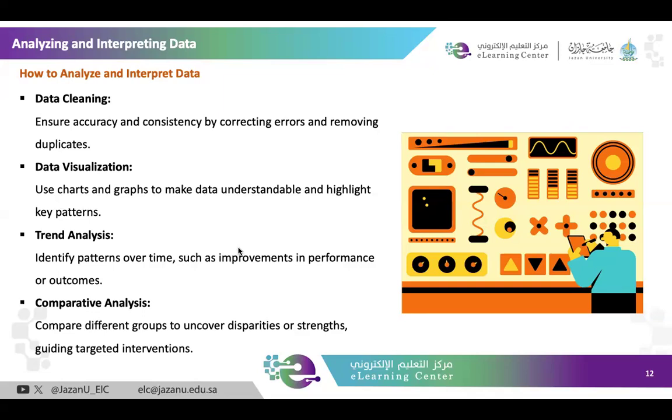If you compare the test scores between male and female students or between different schools, you might find significant differences that suggest certain groups require more support or that specific schools have best practices worth emulating. These points collectively provide a foundation for analyzing and interpreting data effectively, enabling more informed decision making and better educational outcomes.